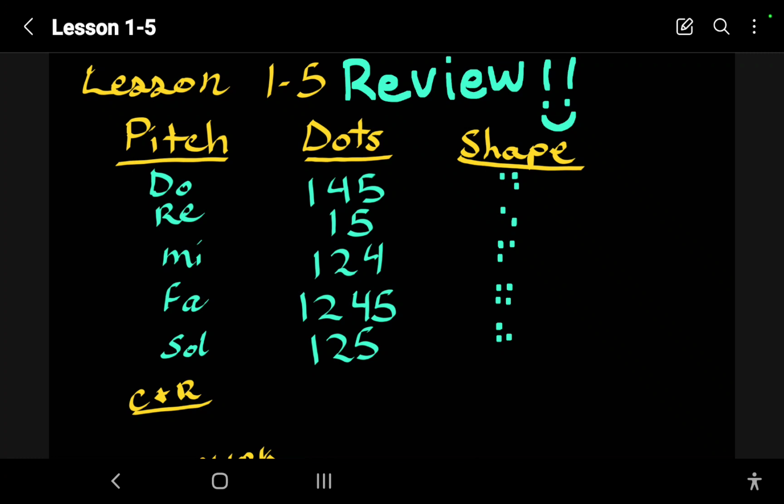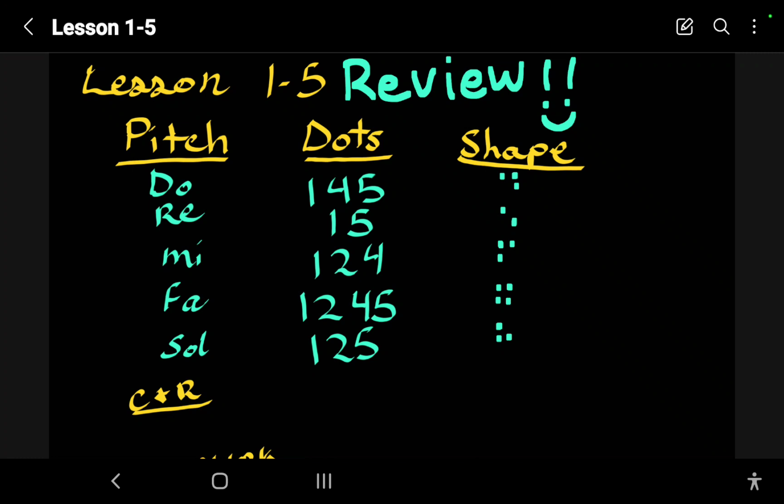And Fa should be pretty self-explanatory, F-A. And Sol is S-O-L. So as mentioned before, these are from Latin words. This whole solfege comes from a Latin hymn from a very different time than what we're living right now.